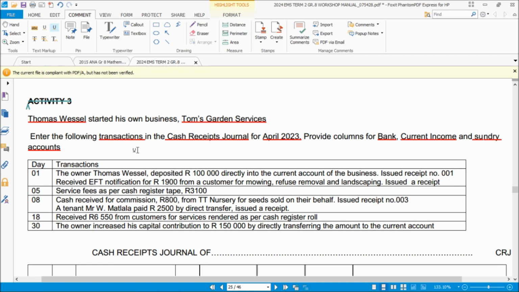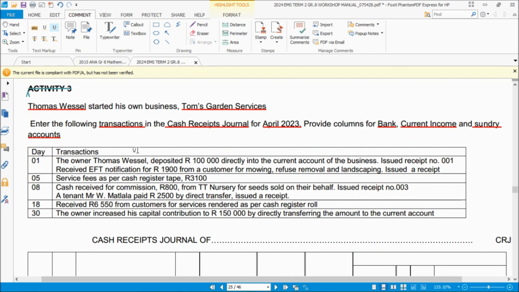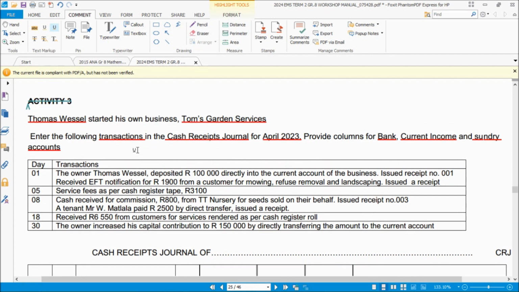If you know the accounting format for a cash receipts journal, then you'd be sorted. So in activity 18, the previous activity, we had the format that was asked.